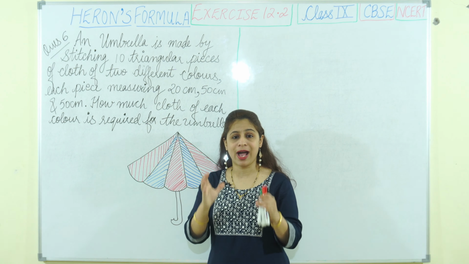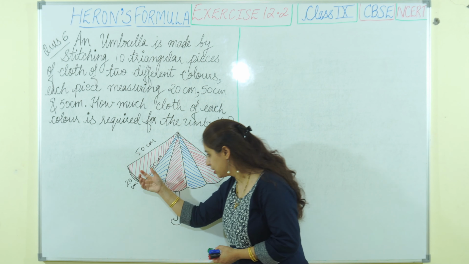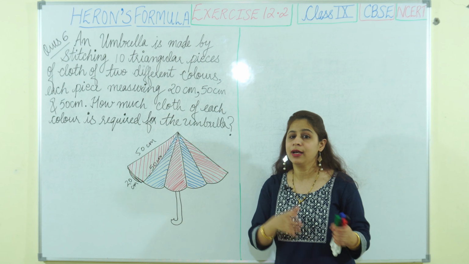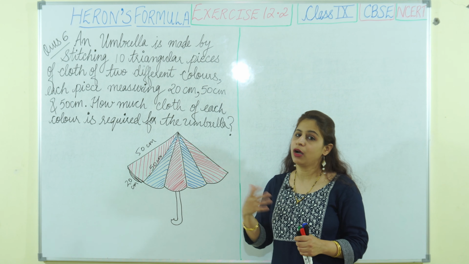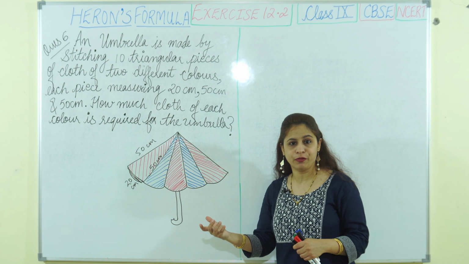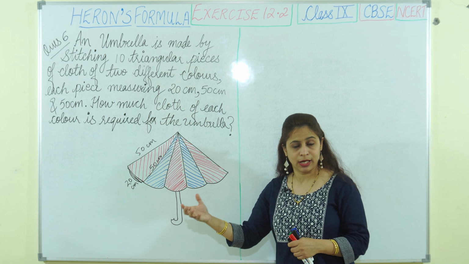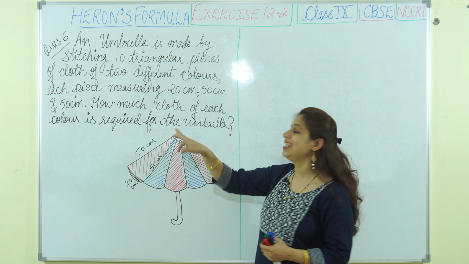We will find the area of one triangular piece, then multiply by 5 to get one color, and the other 5 multiplied by 5 gives the area of cloth for the other color, because it is written for each color.